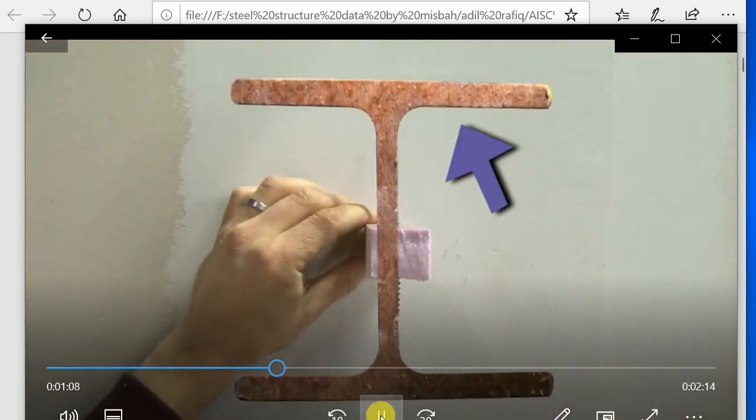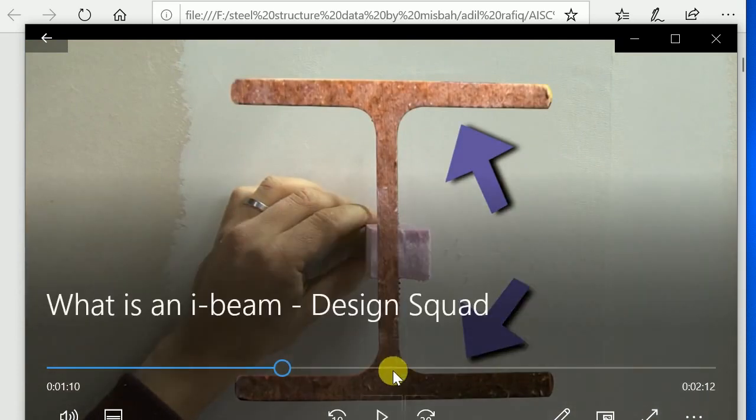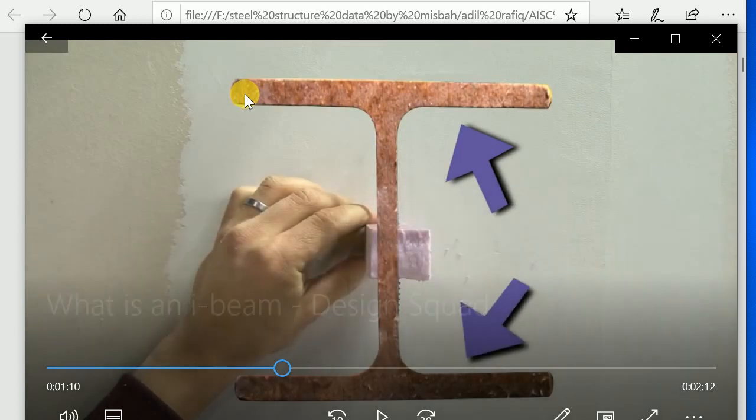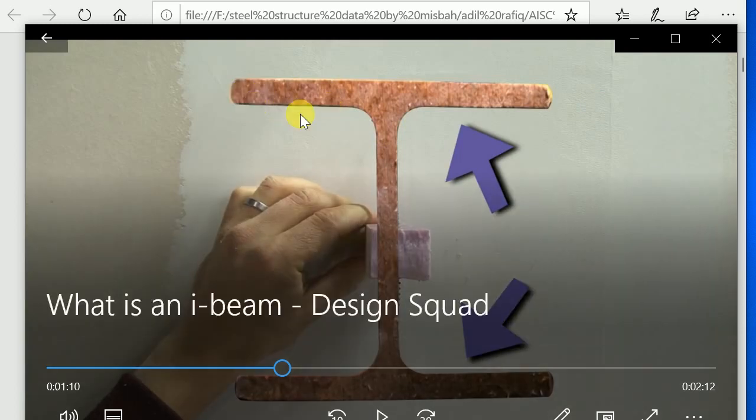Because we have maximum bending there. The beam is basically primarily a flexure member, so it is designed to support bending, and almost all bending occurs at the top, because we understand the flexure formula.